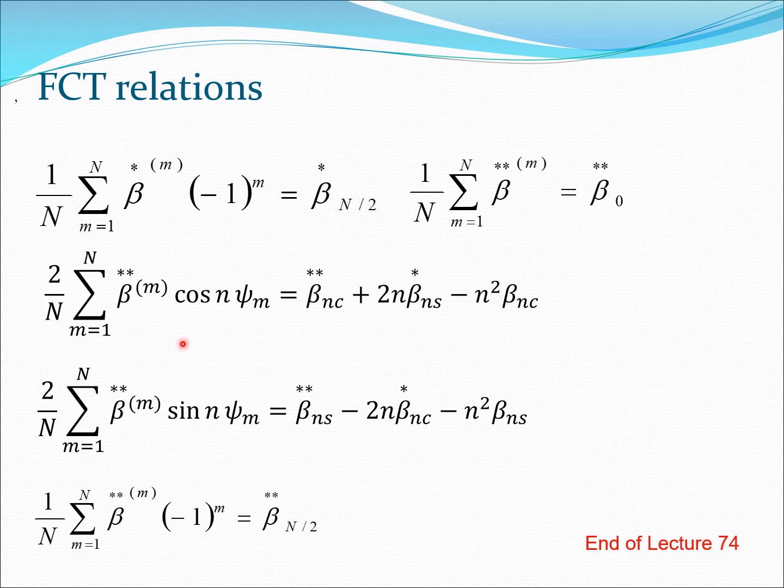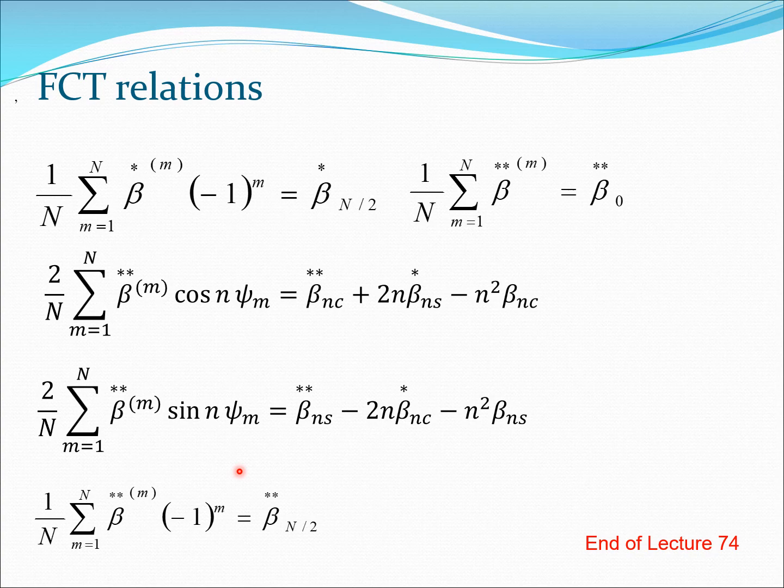The complexity comes whenever you have this multiplication by the cosine or the sine. That's when you get these terms involving the 2n and the n squared, which are essentially the Coriolis and the centrifugal acceleration terms.